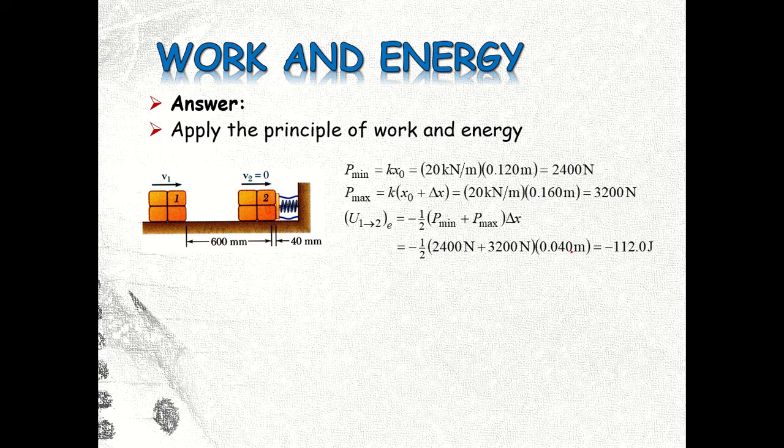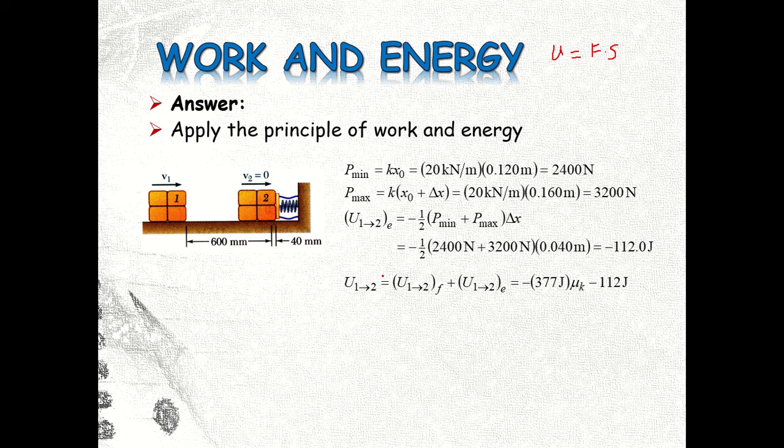Then the displacement, this one. So after it hits, there will be a displacement. So multiply by this, because again, work is equal to the product of the force and the corresponding displacement. So we have S as the displacement. Substituting, we got negative 112 joules.